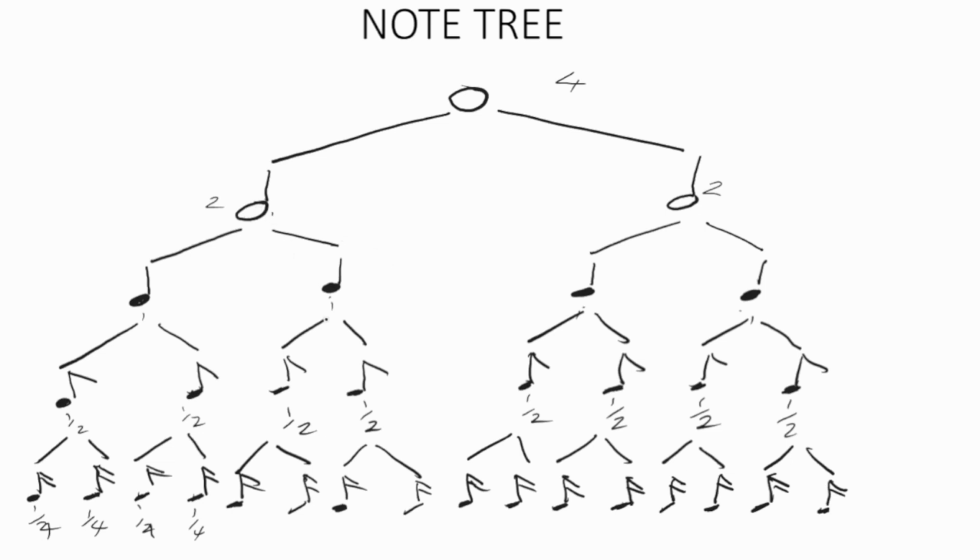So 1/2 note will have 8. If you count these 1, 2, 3, 4, 5, 6, 7, 8 will form 1/2 note, while 1/4 note will have 1, 2, 3, 4, and that quarter note will also have 4, and each 8th note will have 2 of these. So one whole note will have a total of all the 16 16th notes.